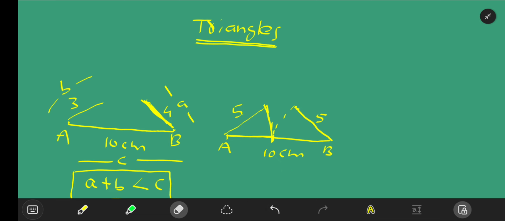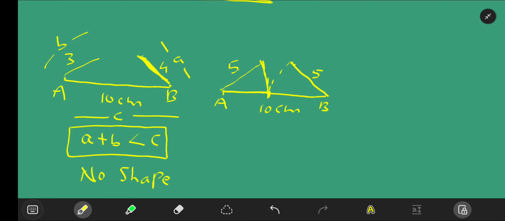Here this is line C, I assume this is A and this is B. Now A plus B is equal to C. They are completely coinciding with this line.